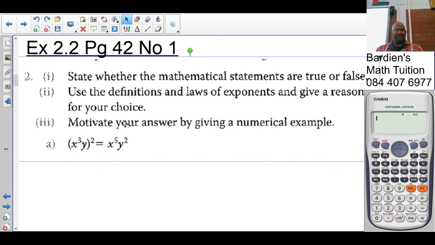So number 2, we have to state whether the mathematical statements are true or false. The question was to do 2a. So is that true or false? It is false. Number 2, use the definitions and the laws of exponents and give a reason for your choice.